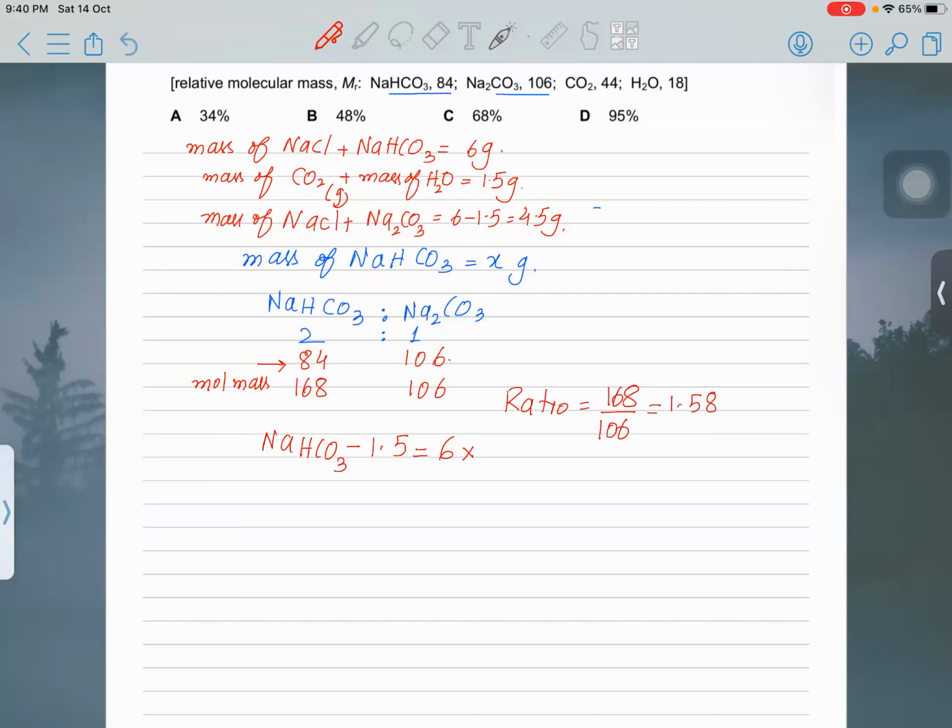By doing NaHCO3 minus 1.5, won't we get NaCl plus Na2CO3 mass? NaCl is not required, right? We need to find the ratio between these two products. So why would this be equal to 6x? It is not 6x. I am writing here the ratio.